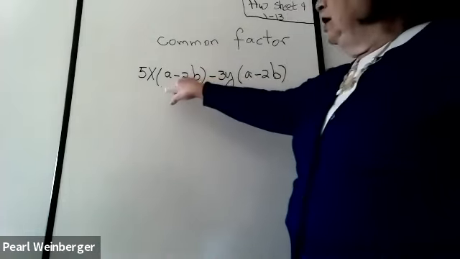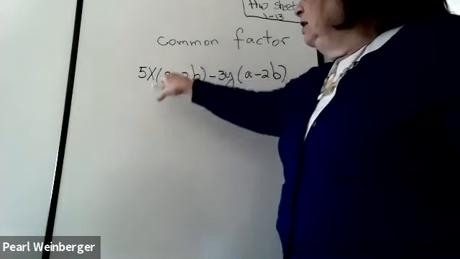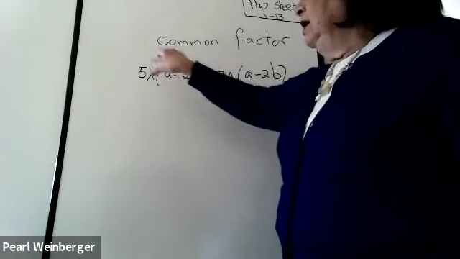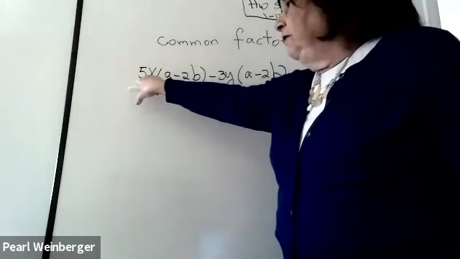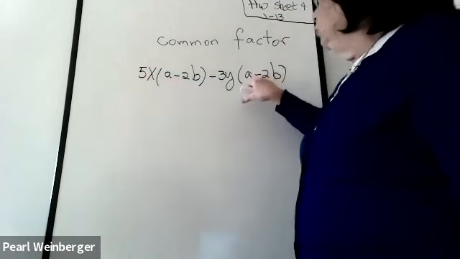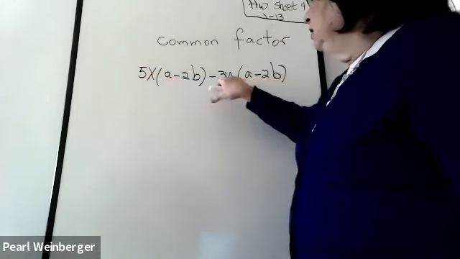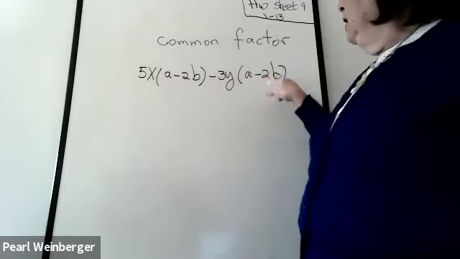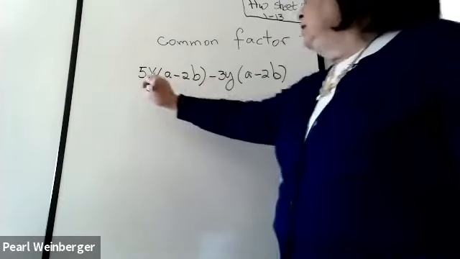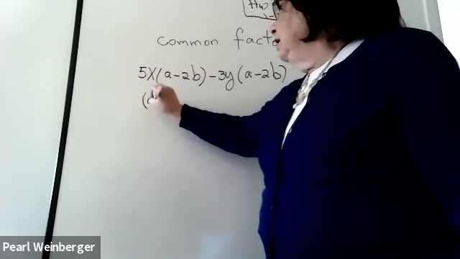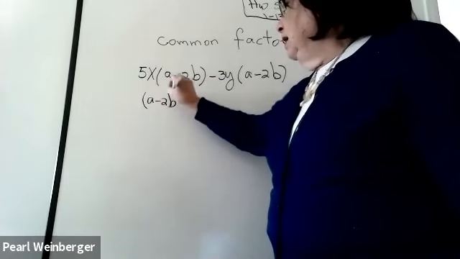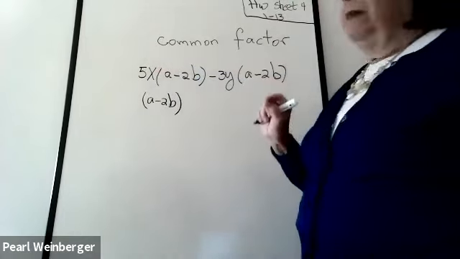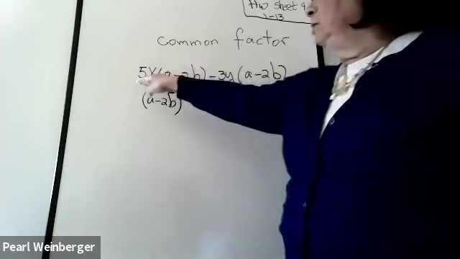And if I look at this, I see this binomial, this a minus 2b, is being multiplied by the 5x. And it's the same binomial being multiplied by negative 3y. In other words, a minus 2b is a binomial that's being multiplied by both of these terms.